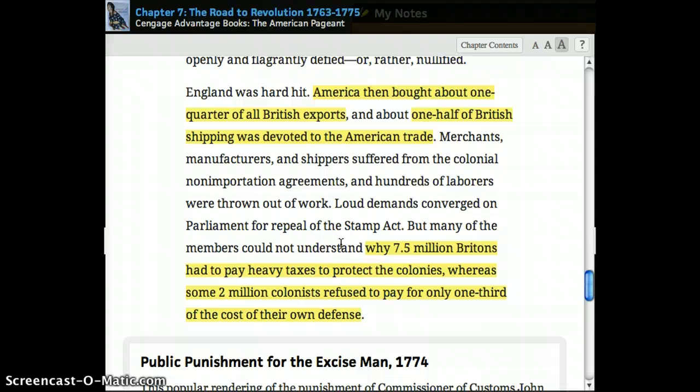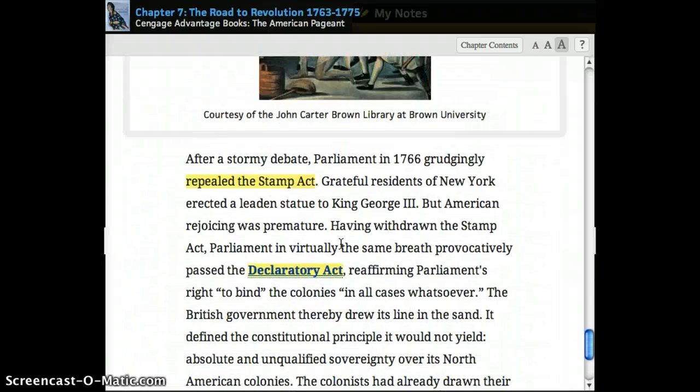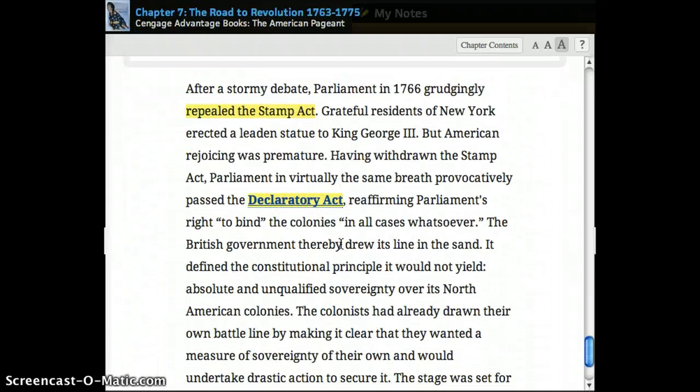Your book points out that Parliament couldn't get through their heads why the 7.5 million Britons should have to pay heavy taxes to support these colonies when the colonists refused to pay a third of the cost of their own defense. And ultimately, we'll see that Parliament does back down.